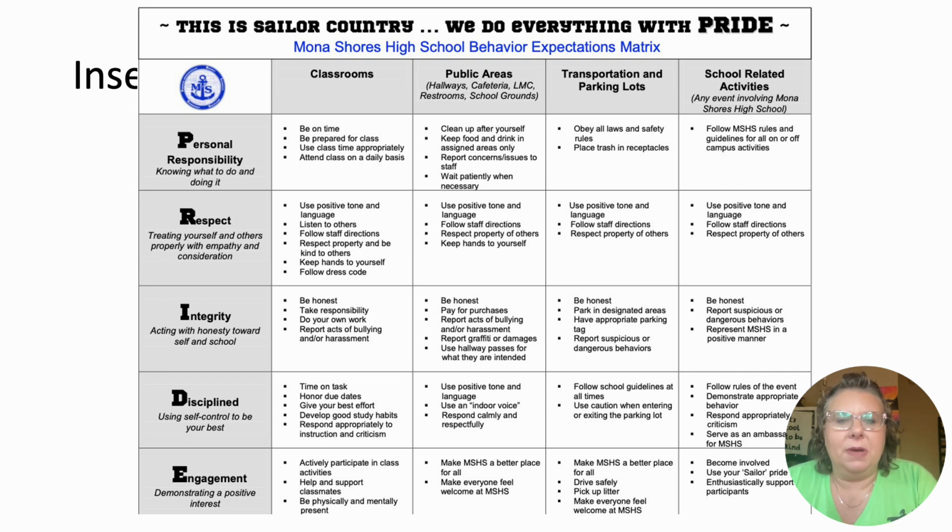The classrooms, the public areas, the transportation and parking lot, and the school-related activities, football games, basketball games, pep rallies, school assemblies, etc. And so along one side, we have the stated goals or values of the school, and then we have the different realms at the school and what are the rules or procedures we need in order to make those things happen. These are high schoolers.